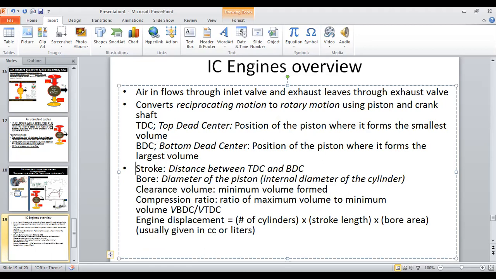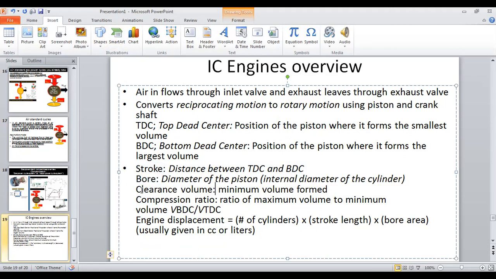And we talk about suction, power, exhaust, intake strokes. So stroke is the sweeping of this piston. This is the TDC and BDC gap. Bore is the size, the diameter of the cylinder and all.